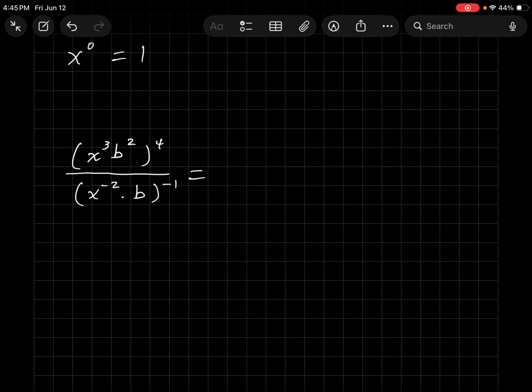For example, let's look at the numerator only. Notice that I have powers to a power. I have x cubed to the 4th. Well, I know power to a power, we multiply the powers. b is a different base, so I just keep it separate. So I have b squared to the 4th, power to a power, you multiply the powers.